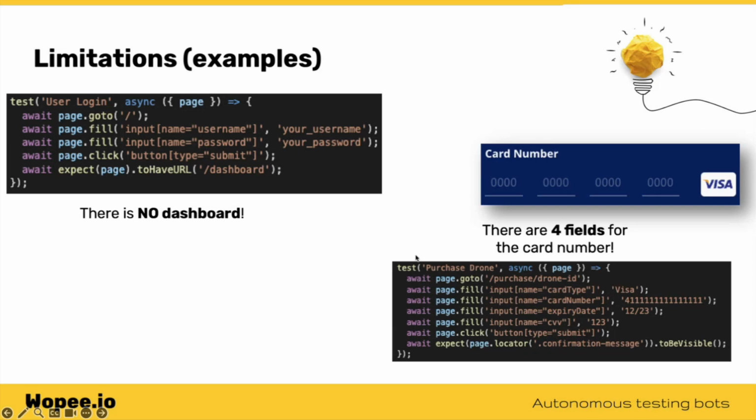So in this case, on the right side, you can see that my checkout page contains four-digit fields, but my code assumes there is only one field to fill in the card number. So I need to adjust my code generation to also cope with these types of specifics, which are maybe not super clear from only screenshots.